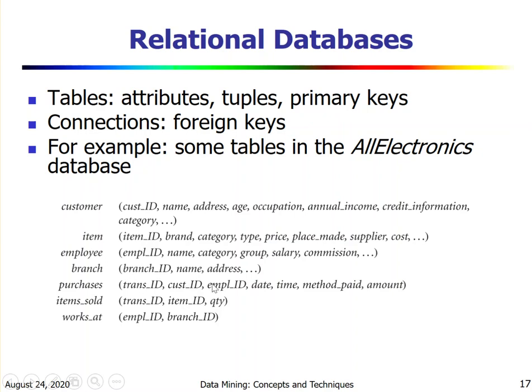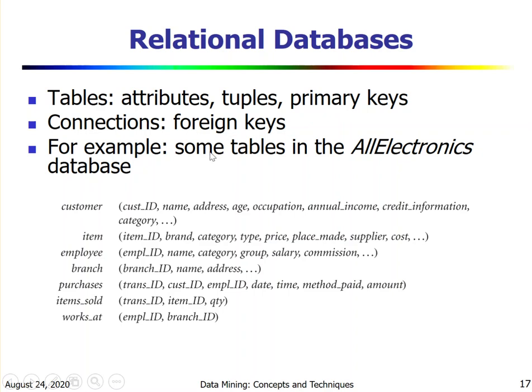Those three things, although they collectively form the primary key for the purchase table, are each also considered a foreign key because they also serve as the primary key of a different table.